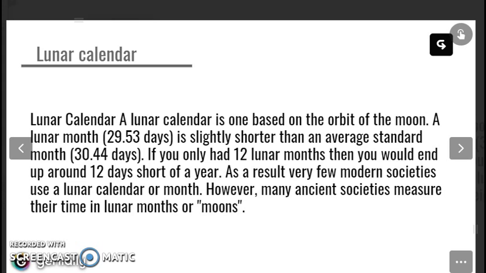If you only had 12 lunar months, then you would end up around 12 days short of a year. As a result, very few modern societies use a lunar calendar or month. However, many ancient societies measured their time in lunar months.